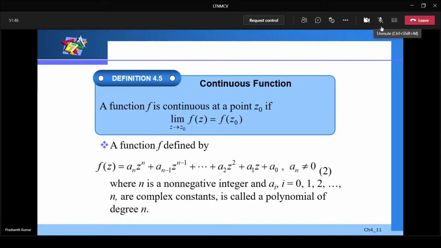It is called a polynomial of degree n. So why am I giving this polynomial function? Do you know? Every polynomial function is a continuous function.